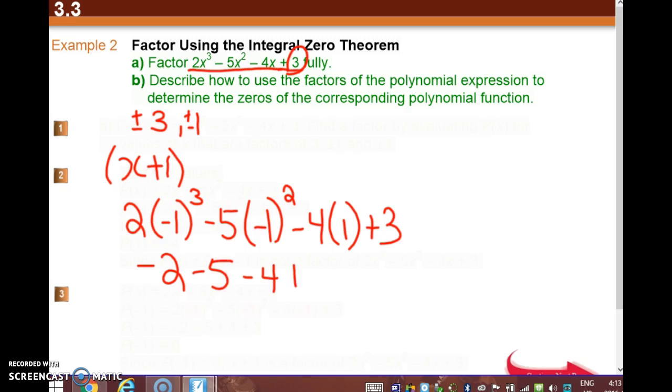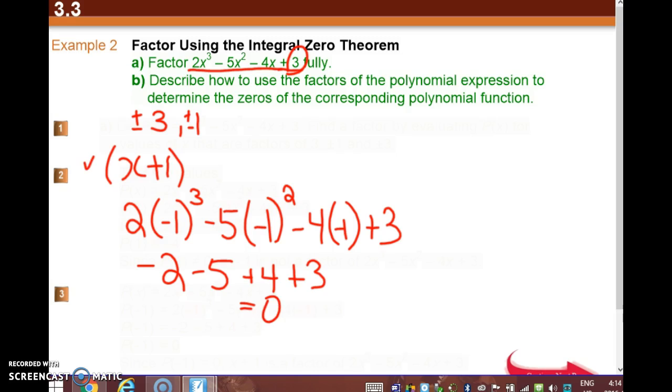We get minus 4 plus 3. Sorry, this guy seems to be a negative 1, so that would make him a positive 4. Because a minus 4 times a minus 1 is a positive 4. So minus 2 minus 5 is minus 7 plus 4 is minus 3 plus 3 is equal to 0. So this guy is a factor.